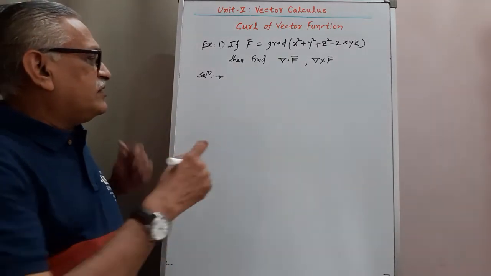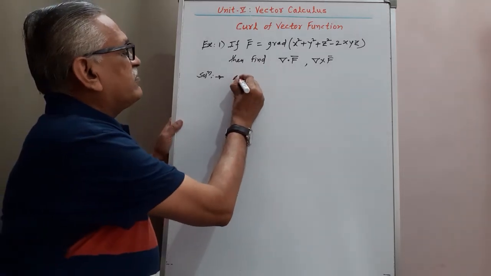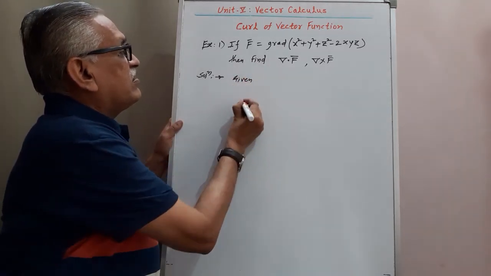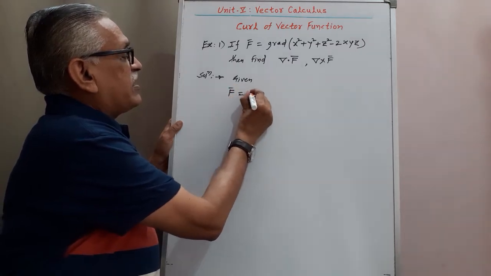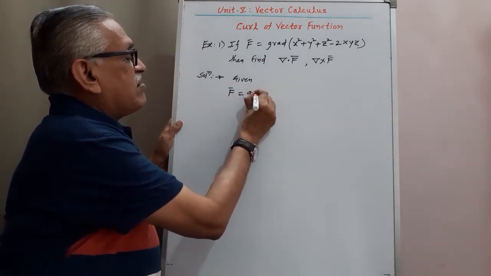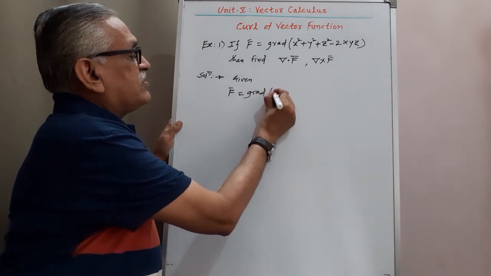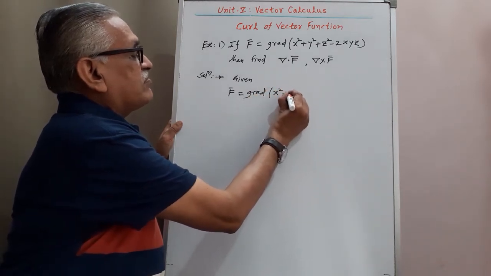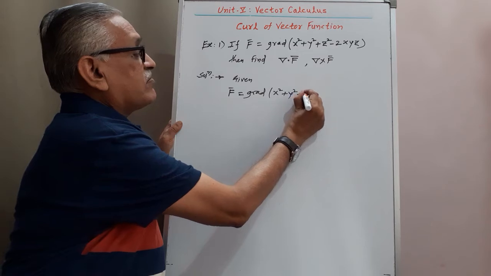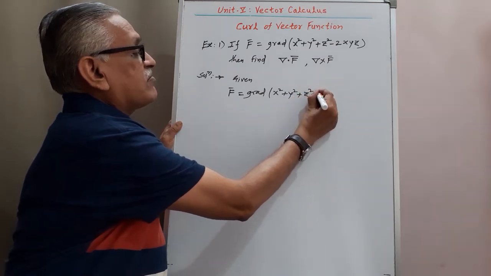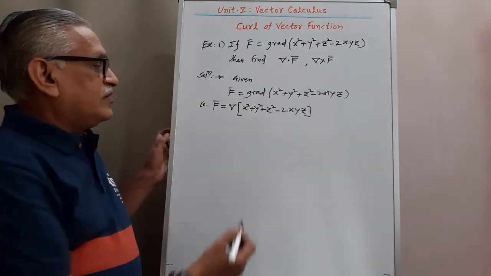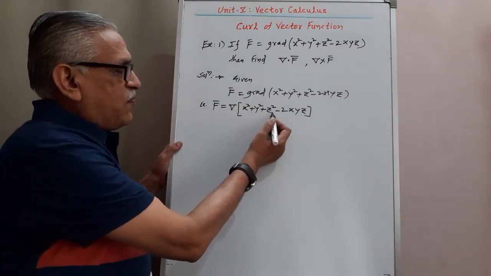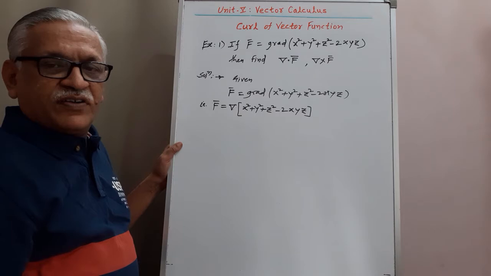Therefore, here given is f bar is equal to a grad of that scalar point function, del operated on that scalar point function.